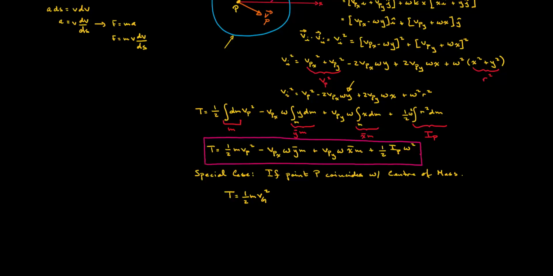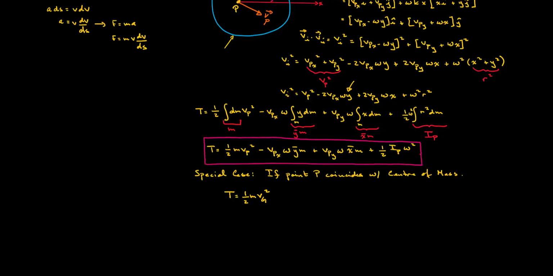Now, the next two terms, y bar and x bar. y bar is the distance in the y direction between point P and the center of mass. If point P happens to coincide with the center of mass, then y bar would be equal to 0. Similarly, x bar would be equal to 0 as well.